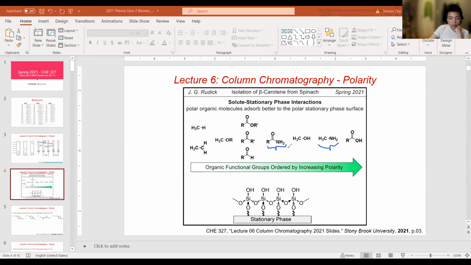This is our amide. Yeah, follow this one. Don't listen to me. But yeah, amide should be more polar than amine. Yep. And before that, I will stop recording.